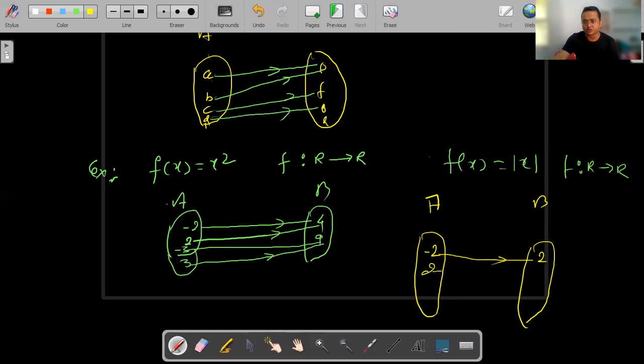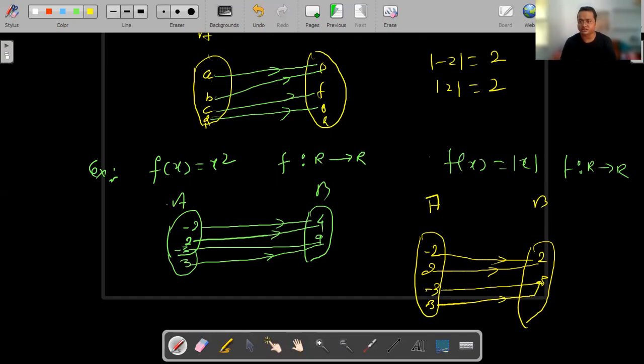If you put 2, then definitely a positive value, means mod of -2 you will always get positive. And 2 will get 2. Getting it? Then if you put -3, you will get 3 only. And if you put x value 3, you will get 3 only. So this is how you can explain many-one function.